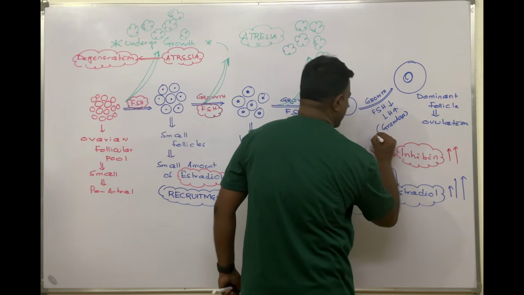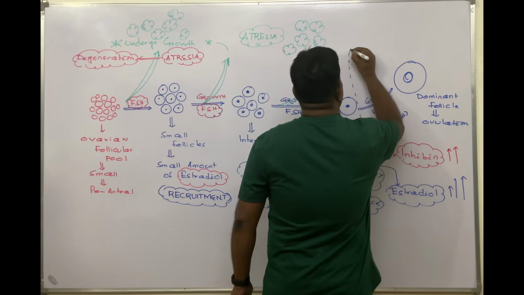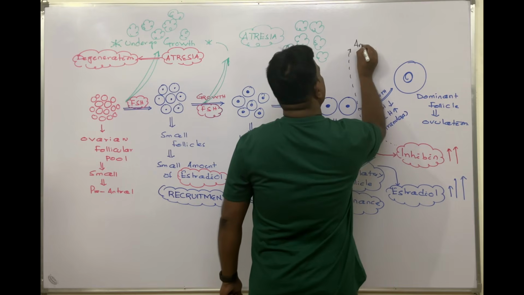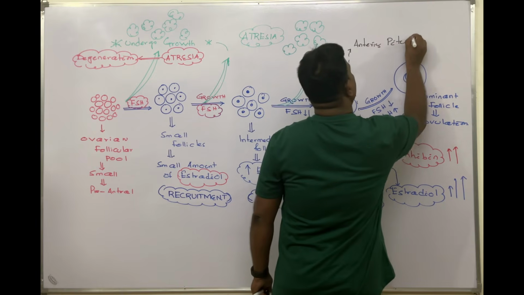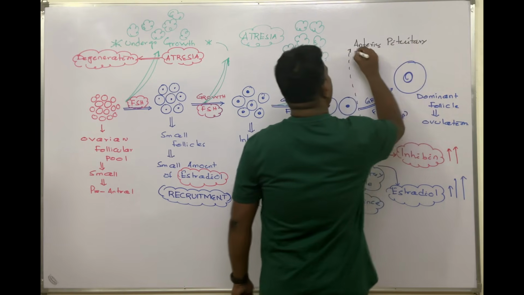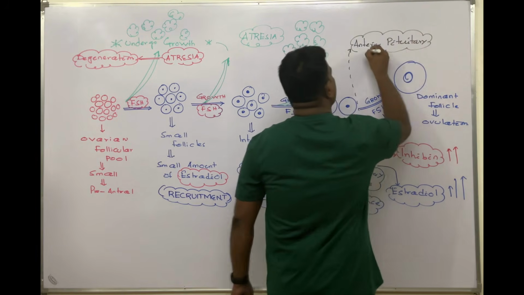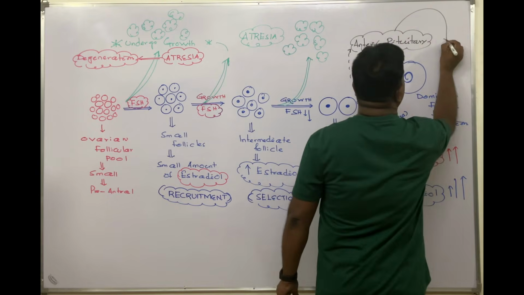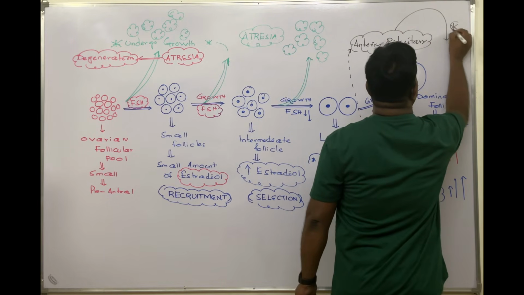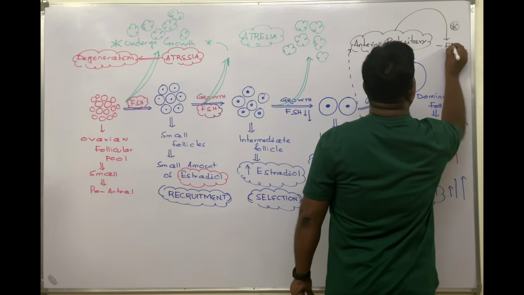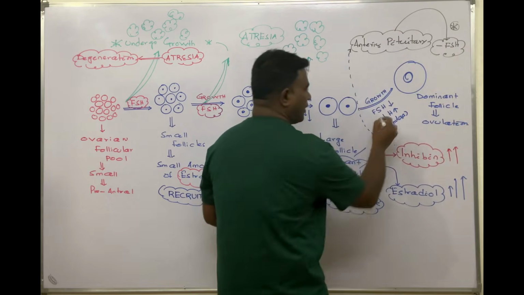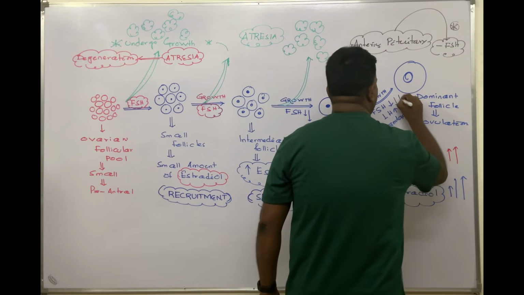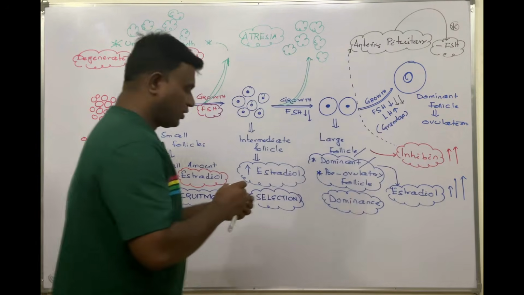This inhibin, see this, it will act on, in my next class where in endocrine regulation we'll see, the anterior pituitary, and from the anterior pituitary it has blocked the secretion of, this point is important, it has reduced FSH secretion. So that's why FSH level is not there, or here I can put another arrow, the FSH is down.